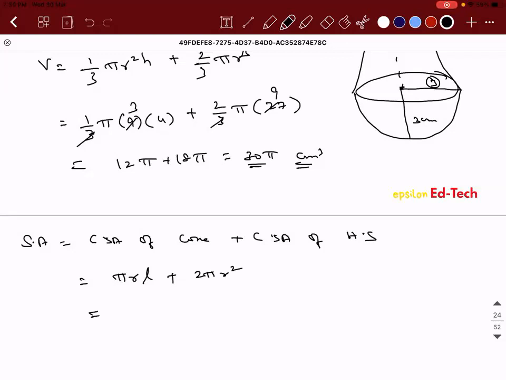So pi into r is 3, into l is 5, plus 2 pi into r square, that is 9. So how much will we get? 15 pi plus 18 pi, which will give us 33 pi centimeter square. Yes, sir, that is the answer. Next.